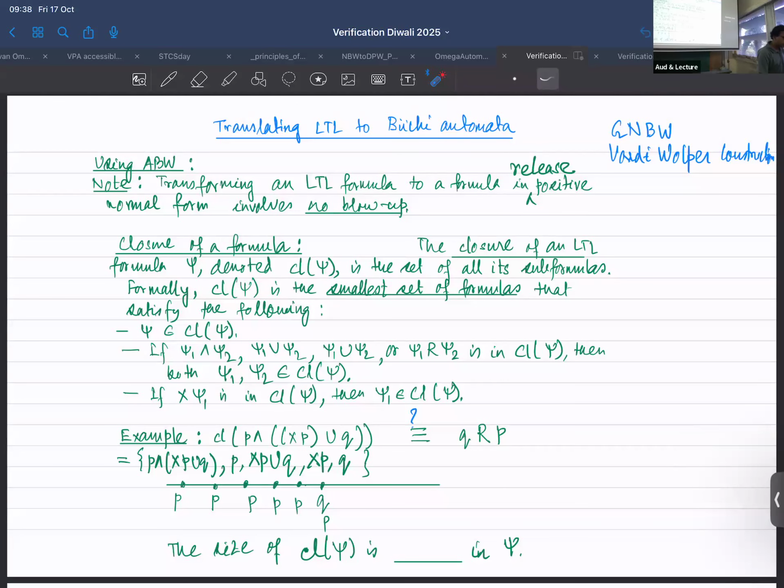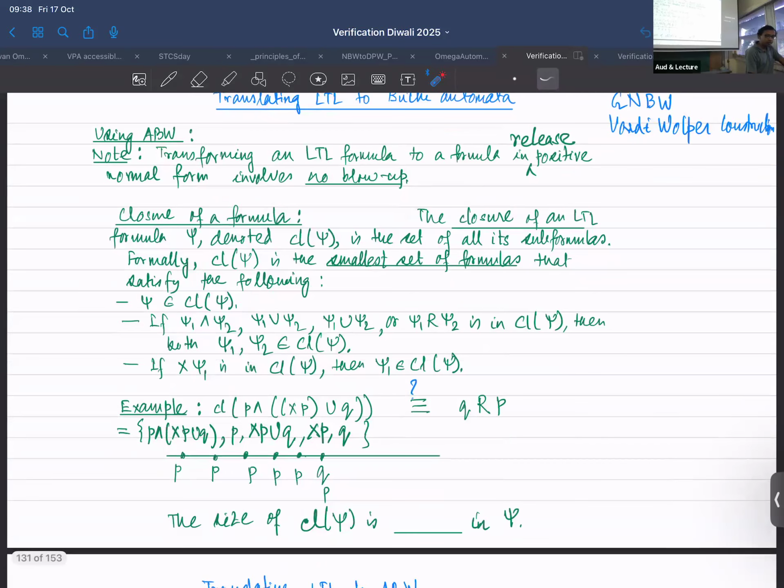Because we define something called the closure of the formula, and given the formula phi, the size of the closure is linear in phi. Okay, and why is it linear?